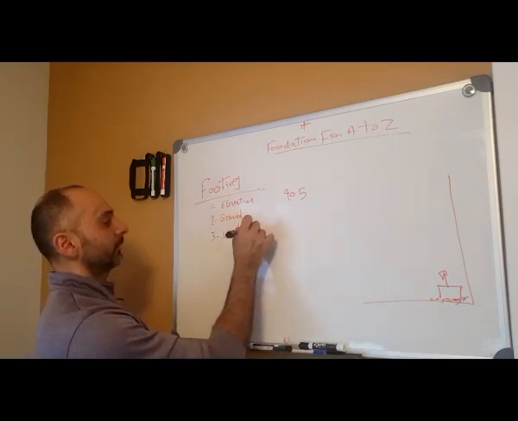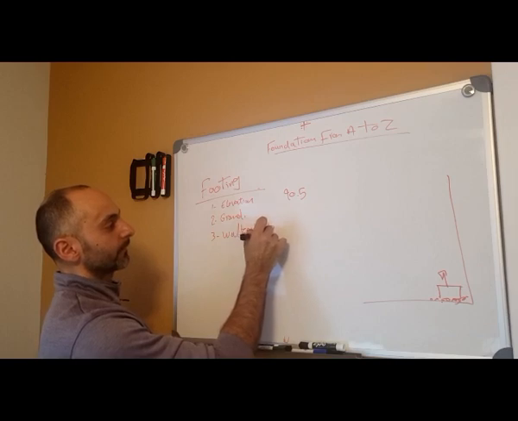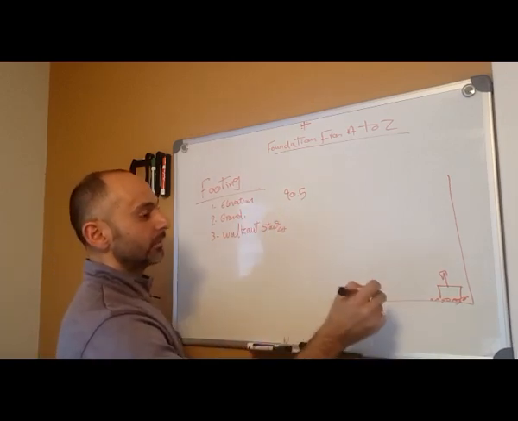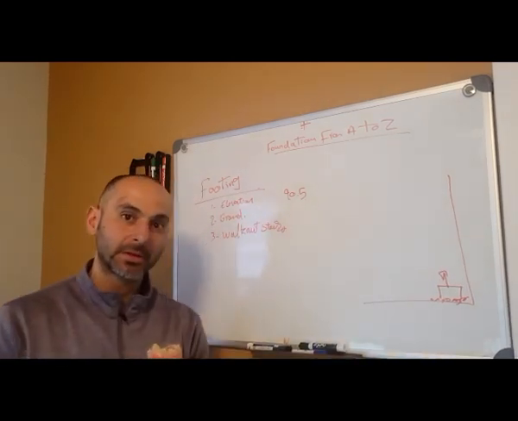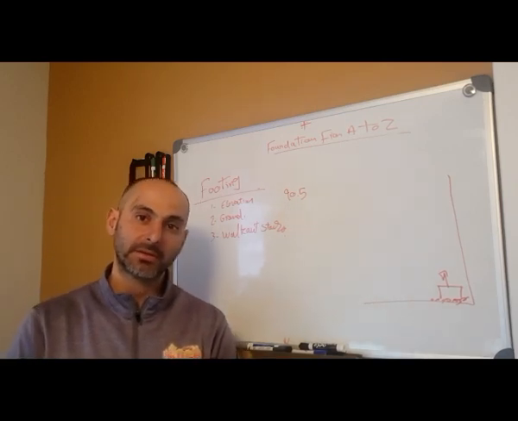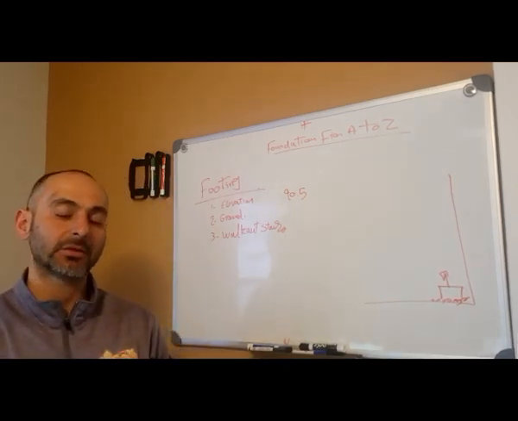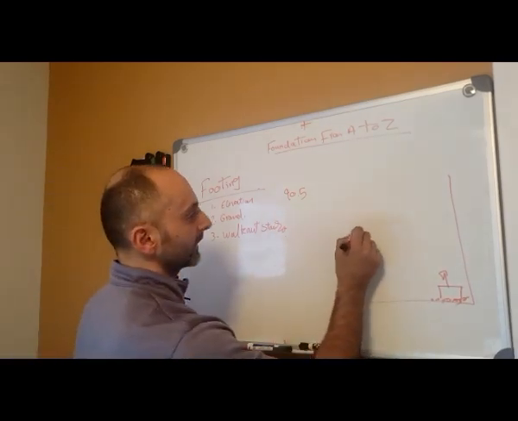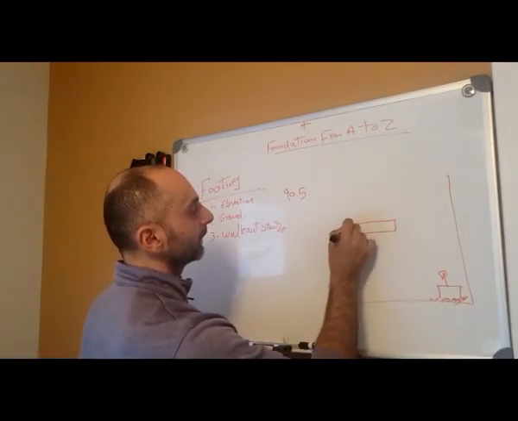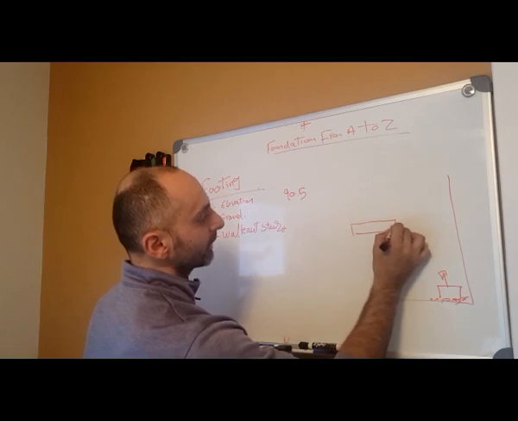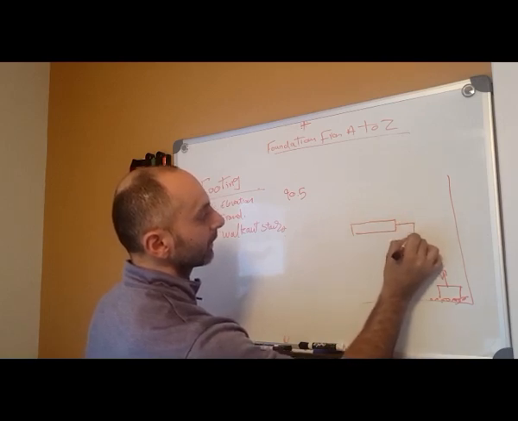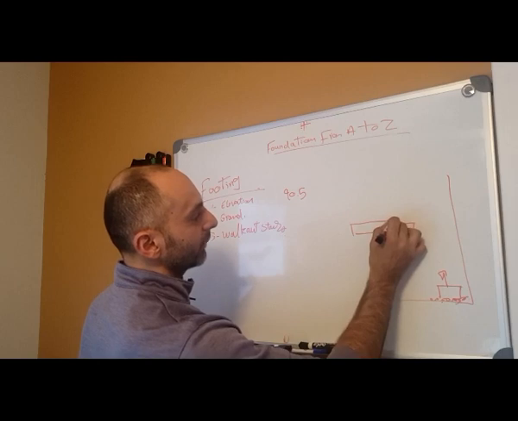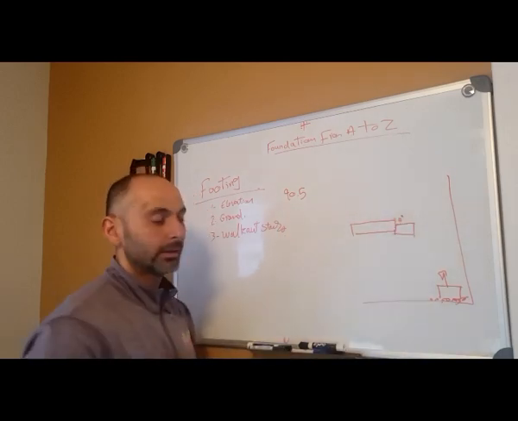Number 3, walkout stairs. If you have walkout stairs, you cannot do them at the same elevation as the building. It has to be lower, at least 4 to 6 inches. So if this is the house footing, make sure the stairs footing is 4 inches lower than it.